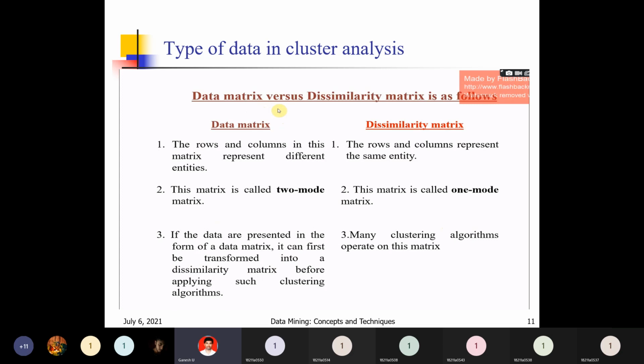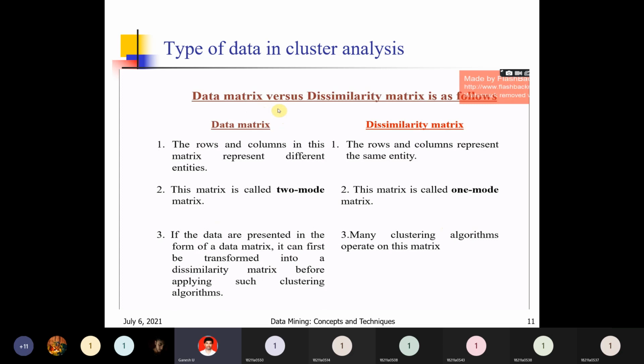Those are all different employees, different entities, with the data related to each and every employee, the attribute values. Next, in the dissimilarity matrix, the rows and columns represent the same entity. Using that, we will find out the dissimilarity value: for two attributes, what is the dissimilarity value? That we will find out.